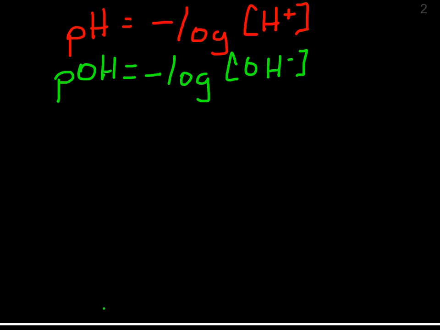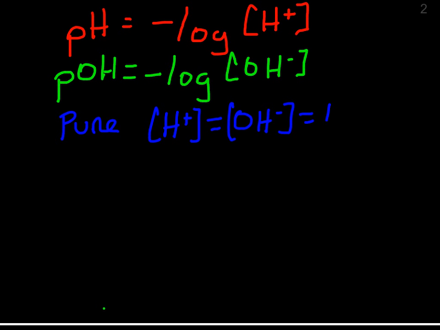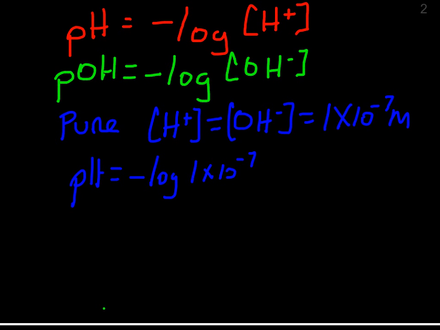So if I have a pure sample of water like I did before, where the hydrogen ion concentration equals the hydroxide ion concentration, and each one of them was 1 times 10 to the minus 7th molar when I solved that equation, the pH will be equal to the negative log of the hydrogen ion concentration, which is 1 times 10 to the minus 7th molar, which turns out to be 7.